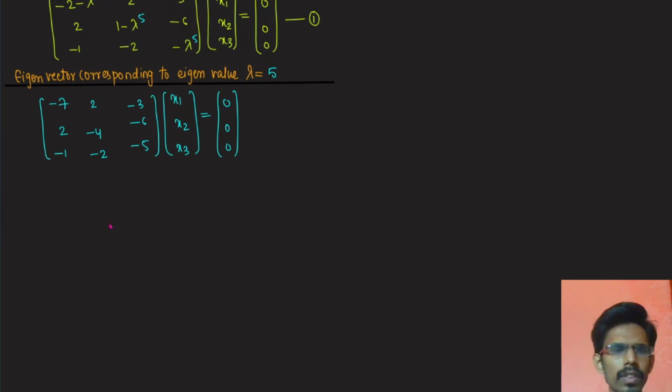Now see here, for this system of equation we have three rows here, R1, R2, R3. Now I reduce this system of equation to echelon form. So I'll make this element 0 and this element also 0 using the first element, that is row 1 element.